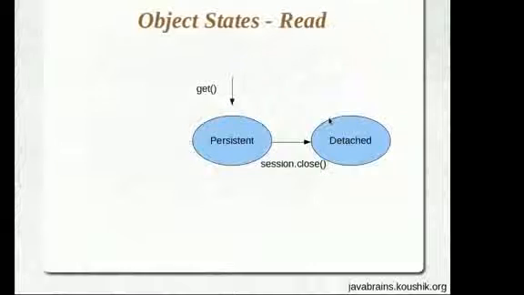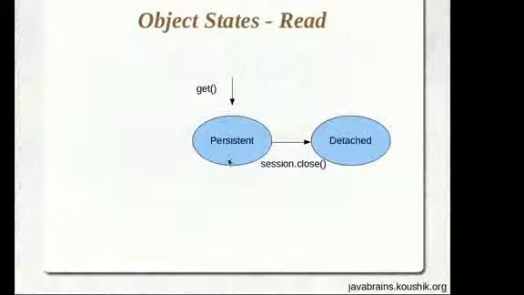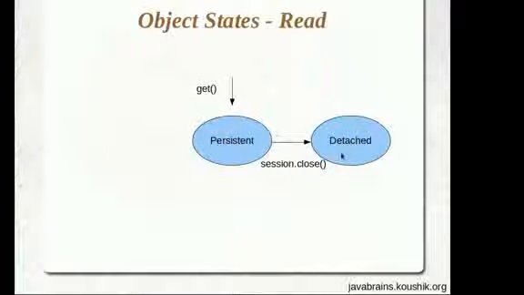And then the same thing happens here. Once I do a get, I can do an update here. As long as the object is persistent, it's going to do the update actions, and then once you do a session.close, it's going to get detached. So update can happen in both of these ways.